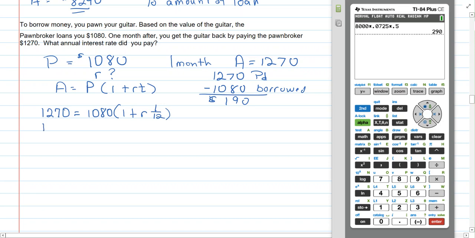So we're going to rewrite that so we can understand what we're doing. 1 times R is R, and this will make it easy. So again, we're going to undo multiplication by division.